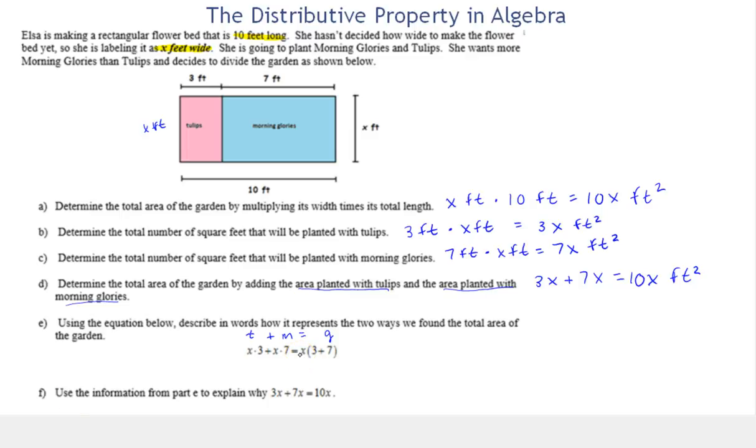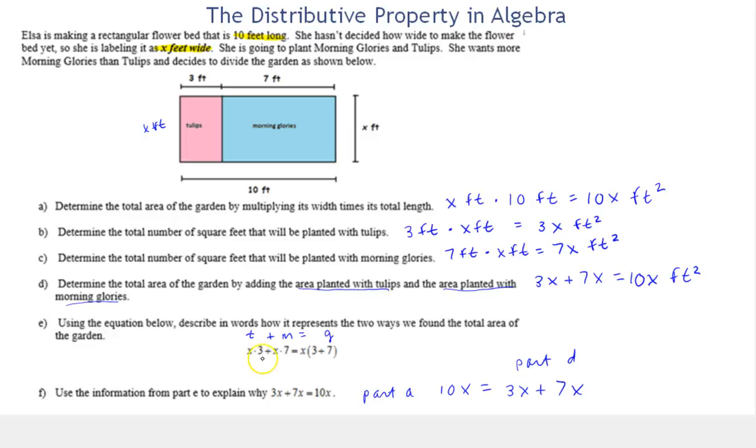Then it says, use this information from part E to explain why 3x plus 7x equals 10x. Well, that's kind of what I just did, but we'll just say part A, the total garden equals 10x, and that equals from part D, 3x plus 7x.